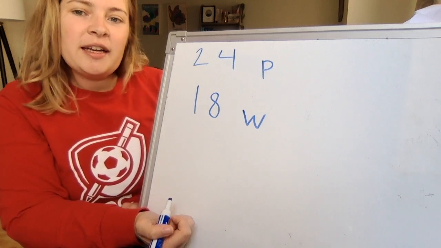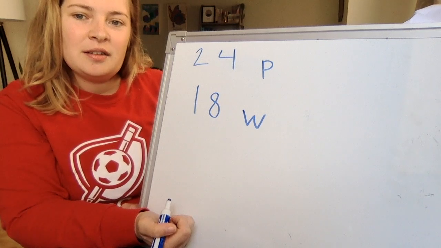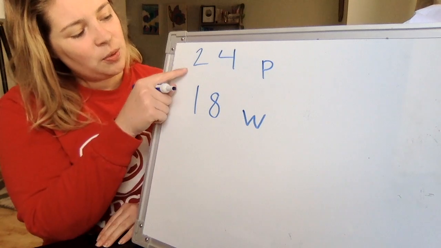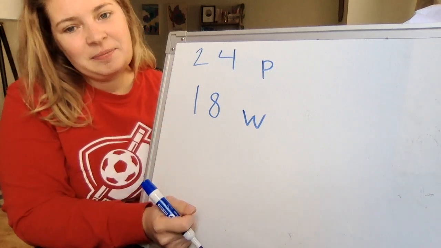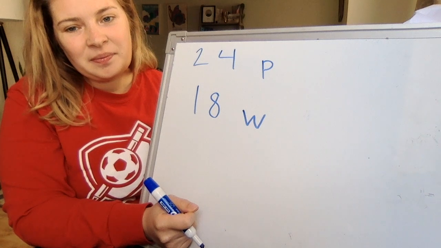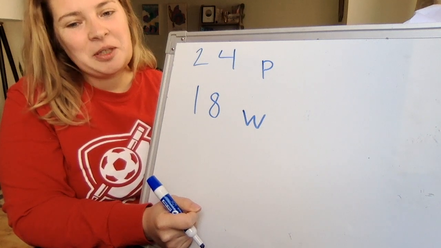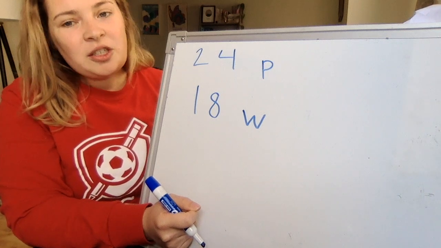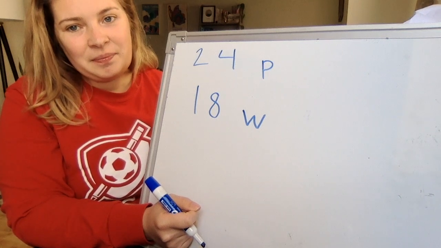So what are we trying to find? We're trying to find the difference between 24 and 18. How will we do that? We will subtract. Good work. You can do this many different ways.